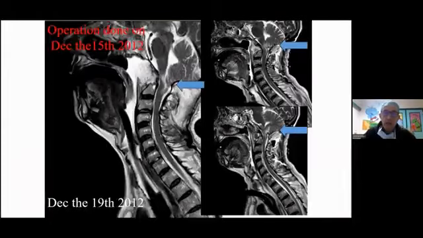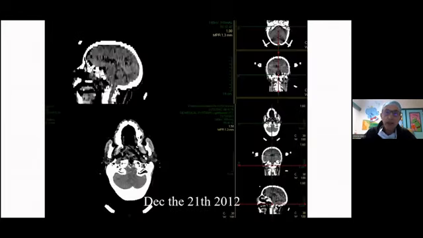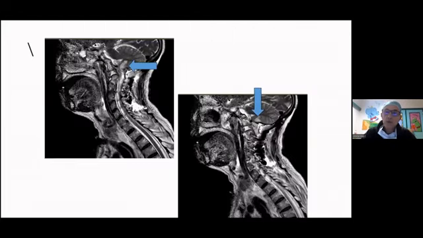And look at that, this immediate post-op MRI and CAT scan demonstration of a satisfactory decompression.